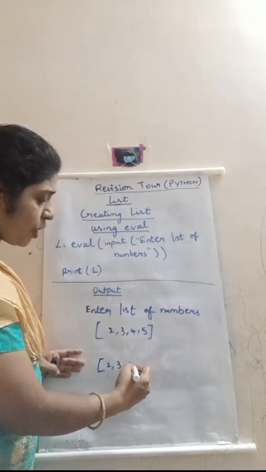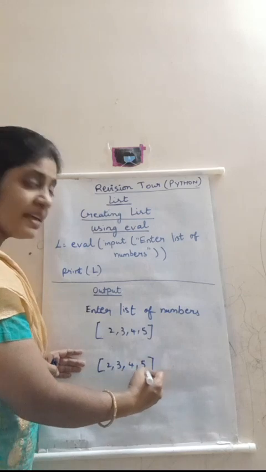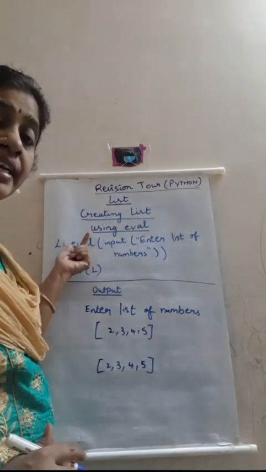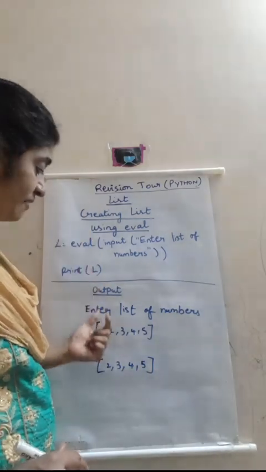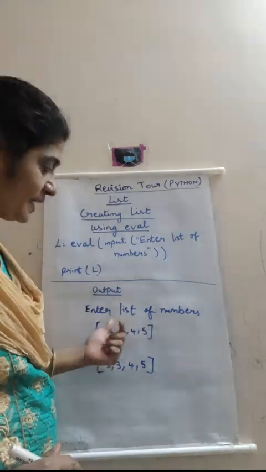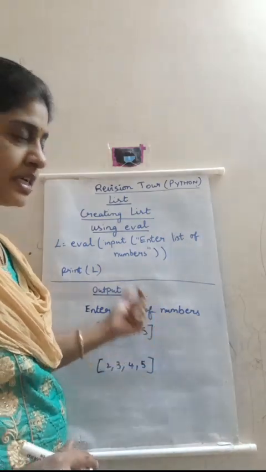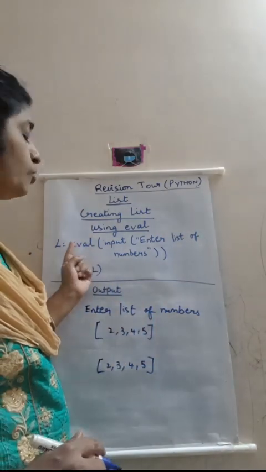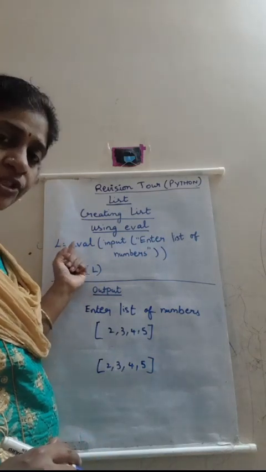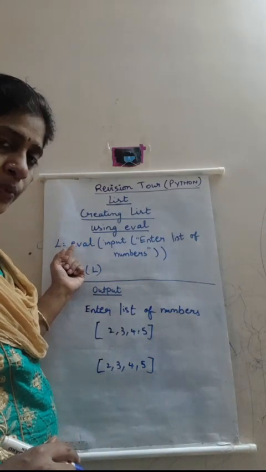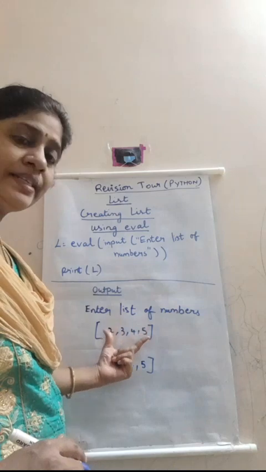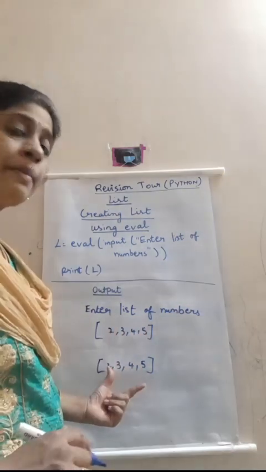You will get the output as a list. Previously what we have seen is, if it is list over here, every element, every value will get converted into an element of the list. But in this case, as we have used the eval function over here, this whole string will be converted into Python code.